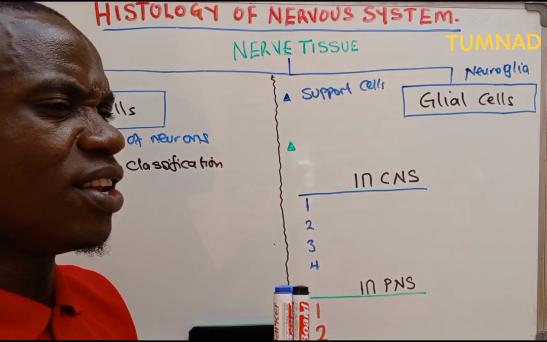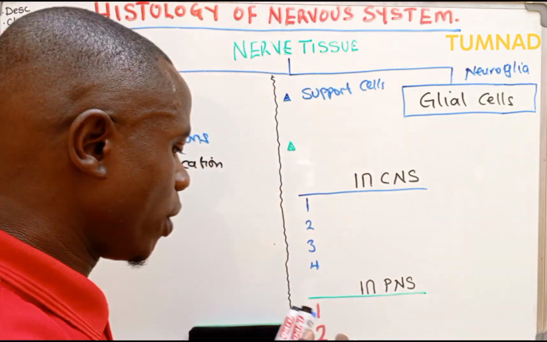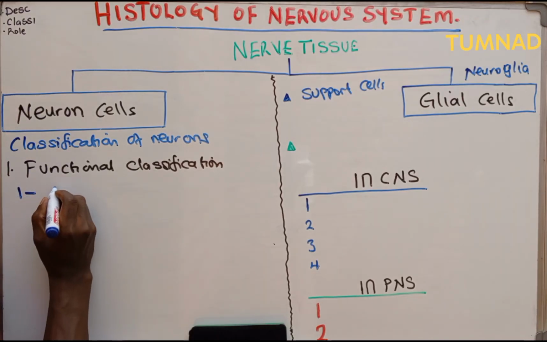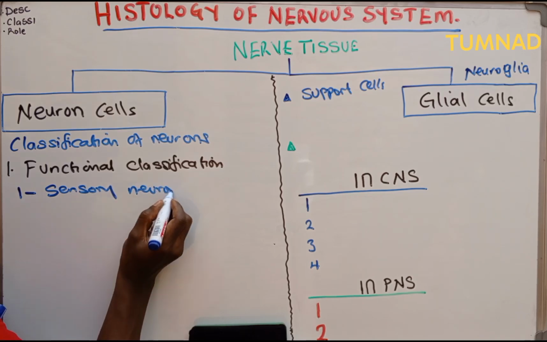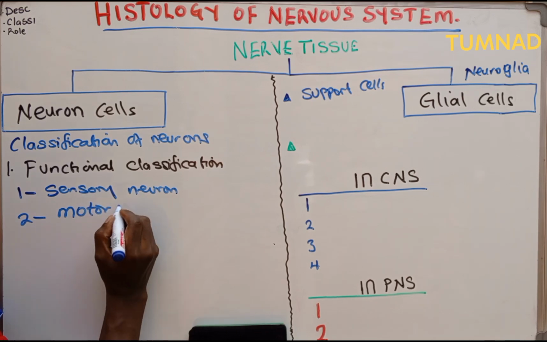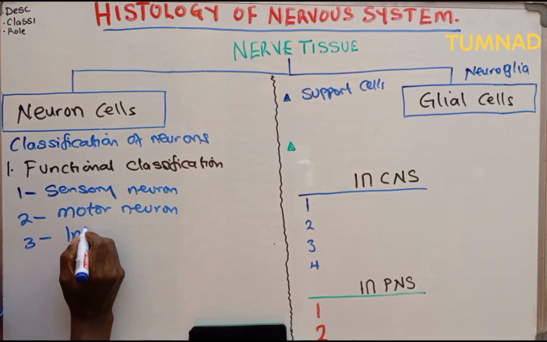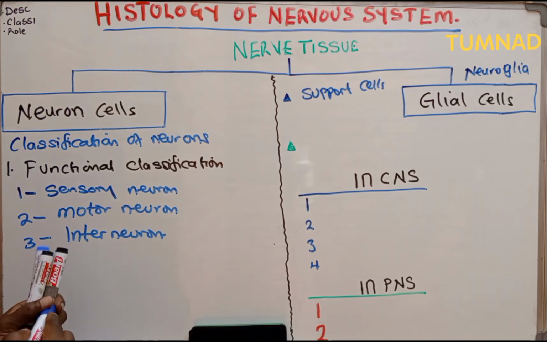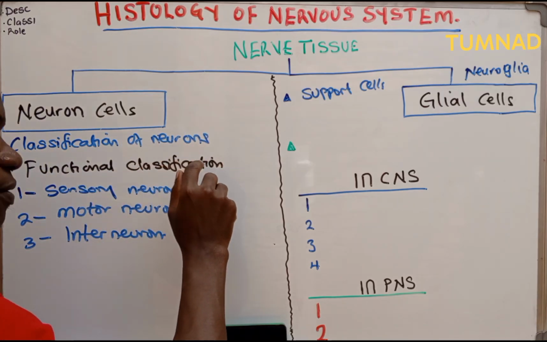We can classify neurons according to their functions, and under this classification, we have the sensory neuron, number two, the motor neuron, and the last one, the interneuron.